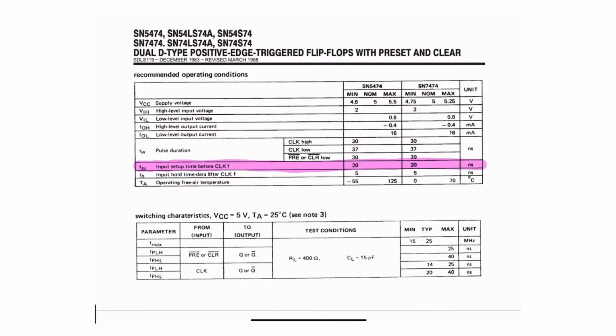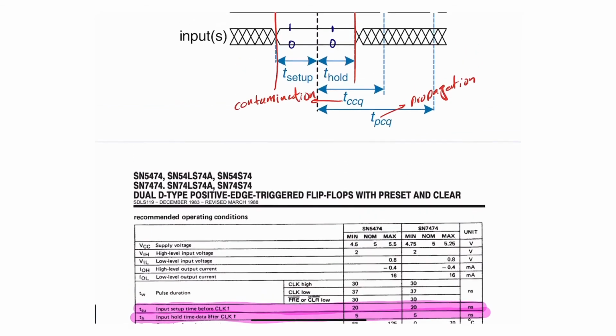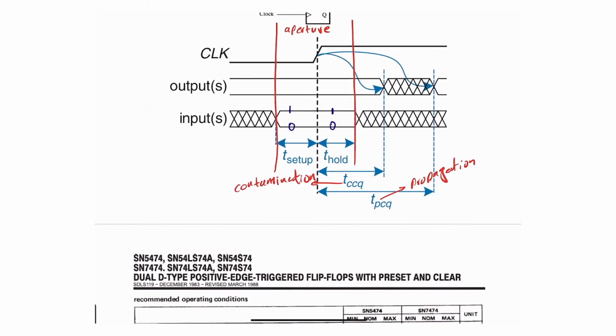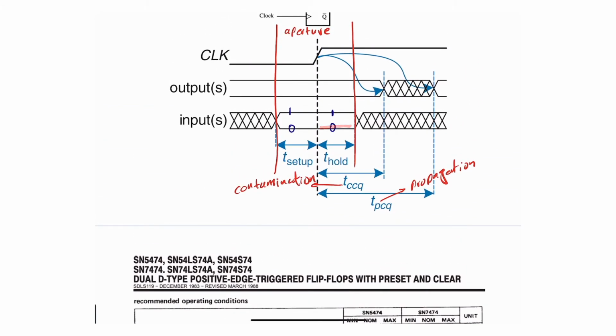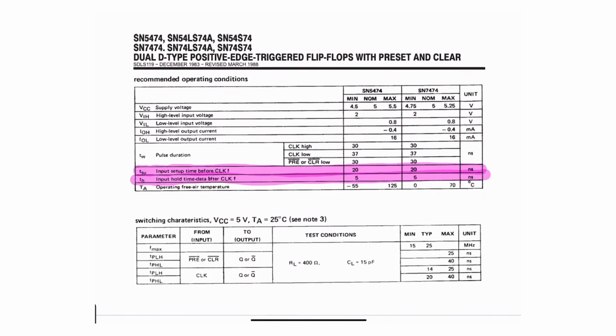And the line right after it tells me the hold time is 5 nanoseconds, which means this signal has to be stable for 5 nanoseconds after it. So in total, the aperture is 20 plus 5, which is 25 nanoseconds. It has to be stabilized for 25 nanoseconds total.